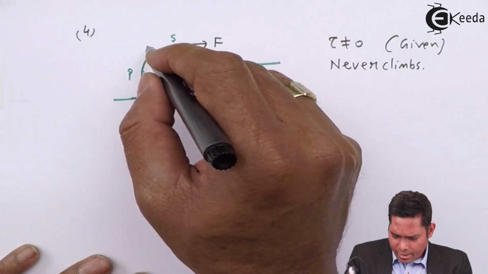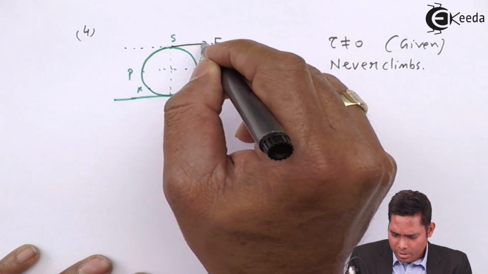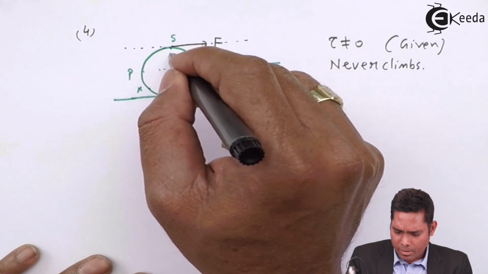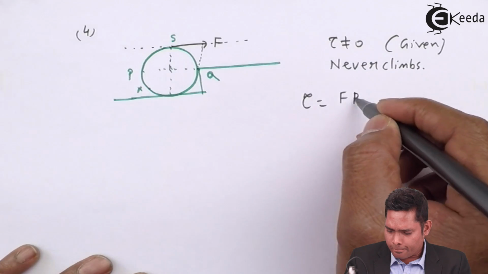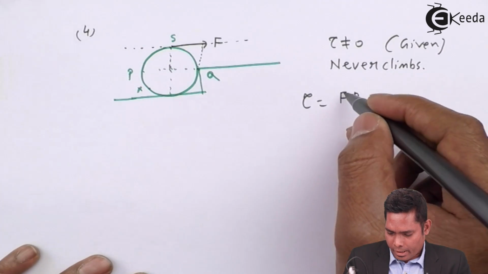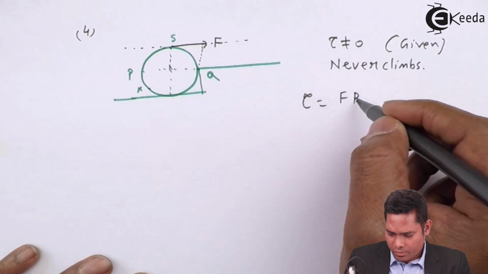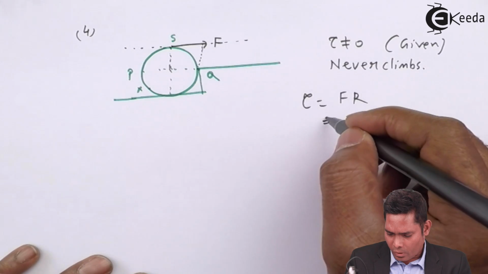If I see that, then this is the line of action of the force and this is the perpendicular distance. This distance is the same as this distance, which is r. So the torque is Fr, where F is a constant force and R is constant. So this is constant and not 0.